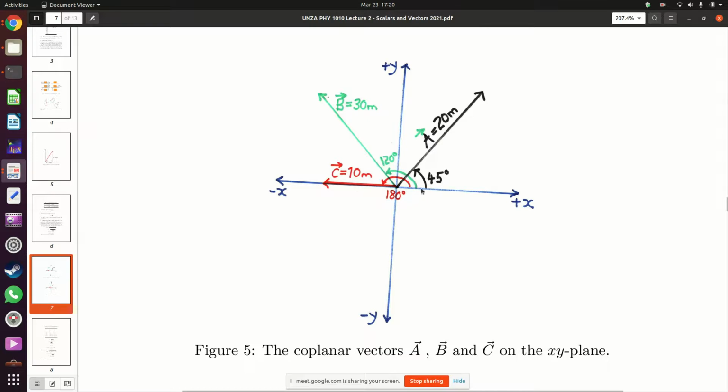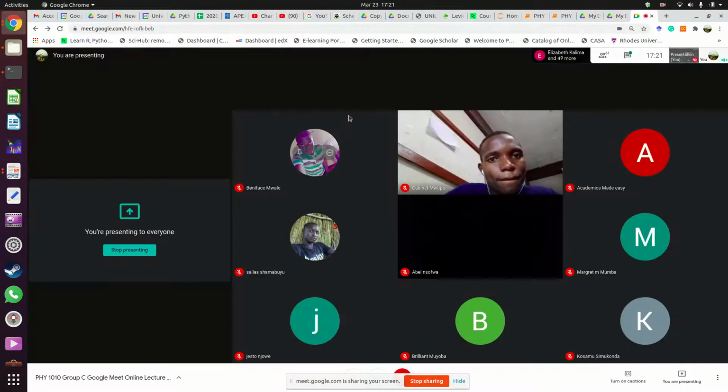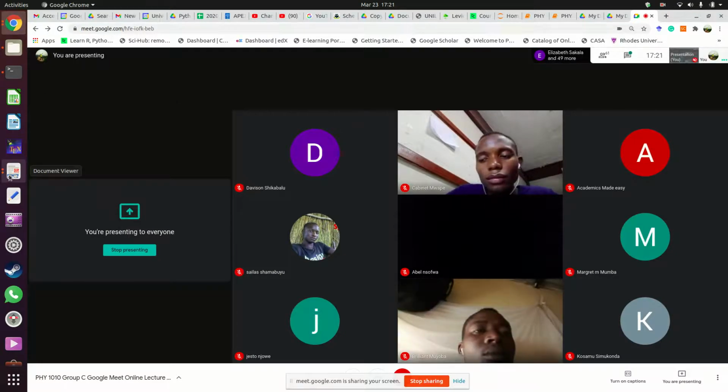Then you have got vector C, which has got a size of 10 meters, and the angle it makes with the positive x-axis is 180 degrees because it lies along the negative x-axis. So basically, these are our three vectors with their respective sizes or magnitudes and directions.